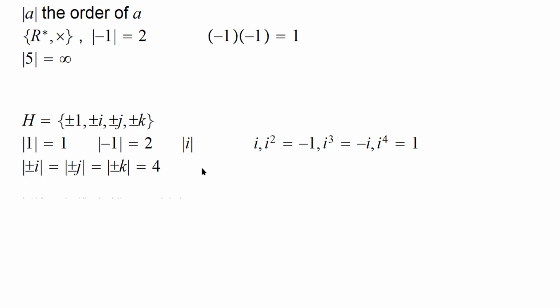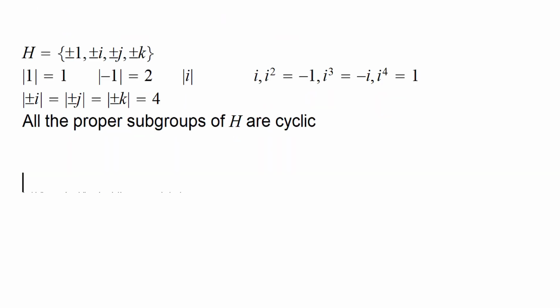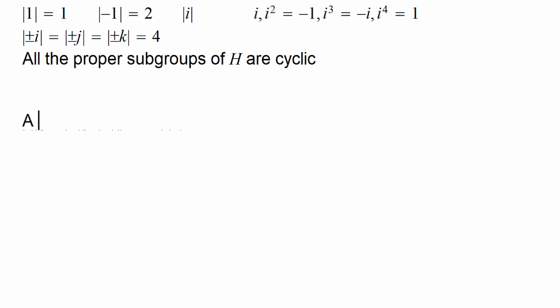So here all the proper subgroups of H are cyclic. Let's look at some more properties of cyclic groups. First of all, the book does a good job of proving that a cyclic group is abelian.